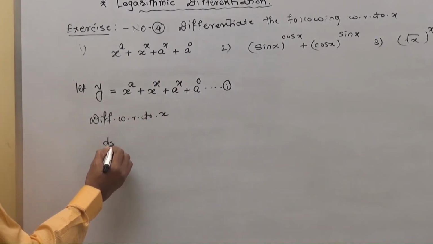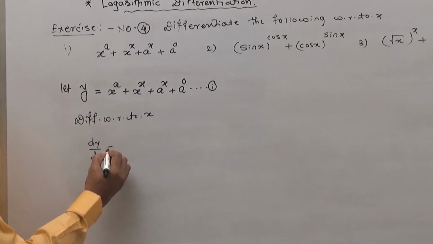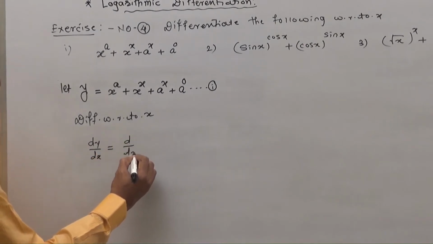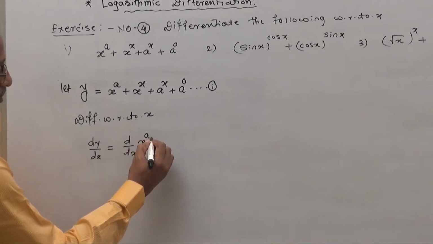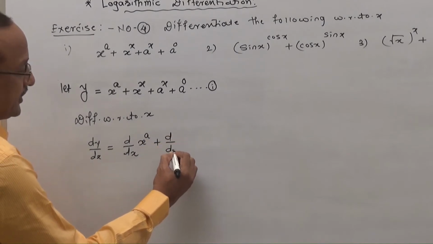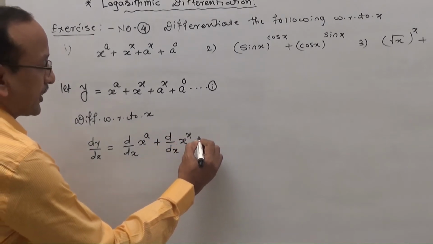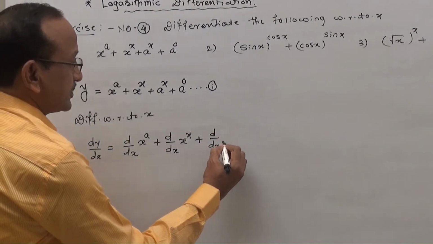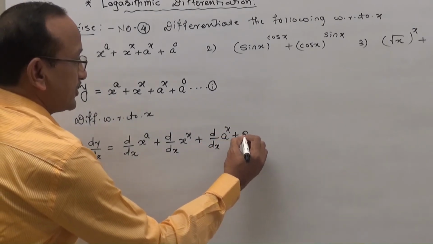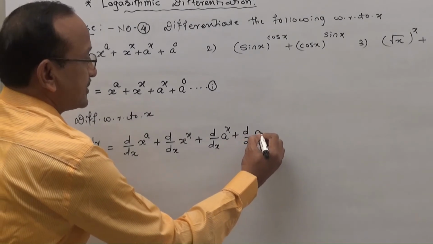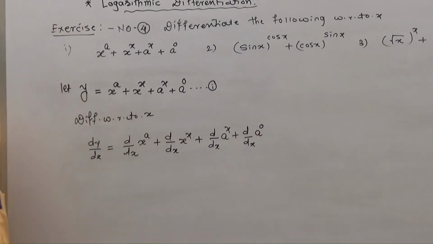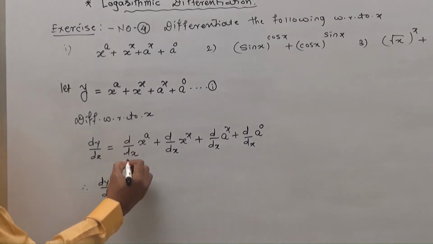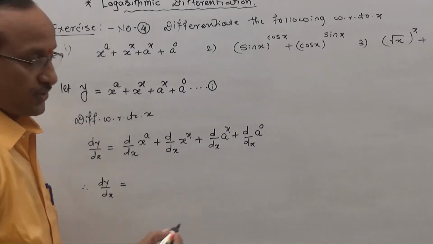Then dy by dx is equal to derivative of x raised to power a plus derivative of x raised to power x plus derivative of a raised to power x plus derivative of a raised to power 0. So therefore dy by dx is equal to, how to find the derivative of x raised to power a?